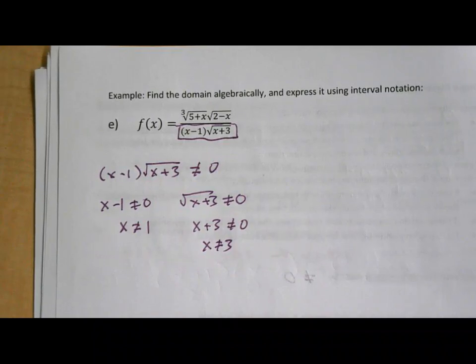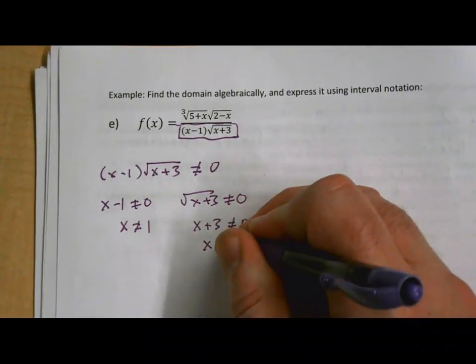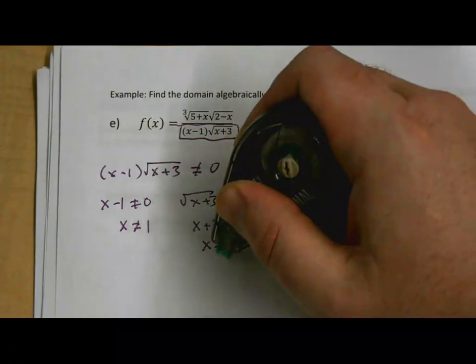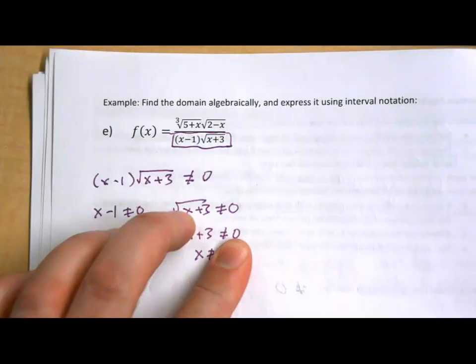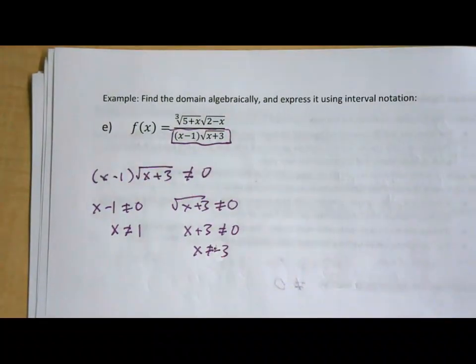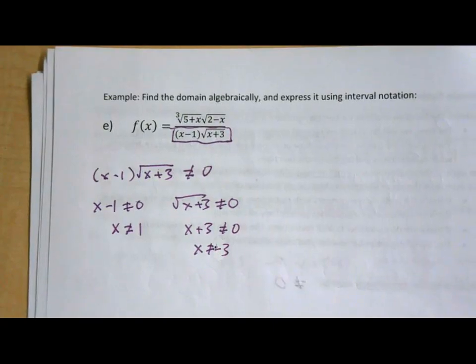How are we feeling? -3, yes, thank you. All right, now how are we feeling? That's bothering me. Hang on. Okay, so far so good. We got more work to do, but have we taken care of the denominator?